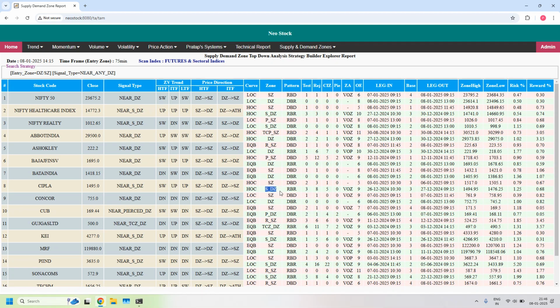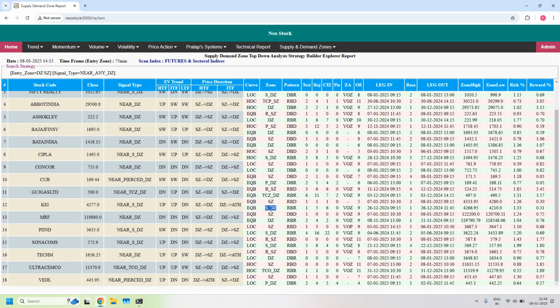Supply is having a high liquidity 75 minutes demand zone. KEA is having a high liquidity 75 minutes demand zone. PA Industries is having a high liquidity demand zone. Sonacoms is having a high liquidity demand zone.